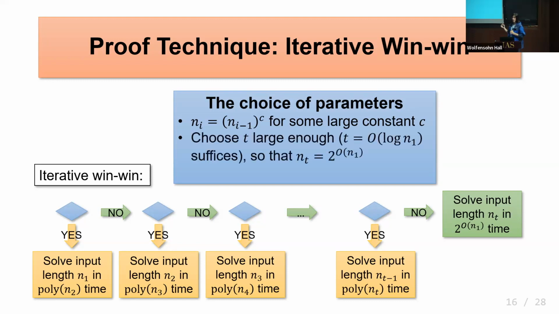And if you only want infinitely many inputs to be correct, then you can choose the parameter t to be large enough. In our case, t equal to log N1 always suffices, and then the instance N_t will be exponential in N1, which means the last case is also polynomial time, and finally every case is polynomial time, and we obtain the improvement.